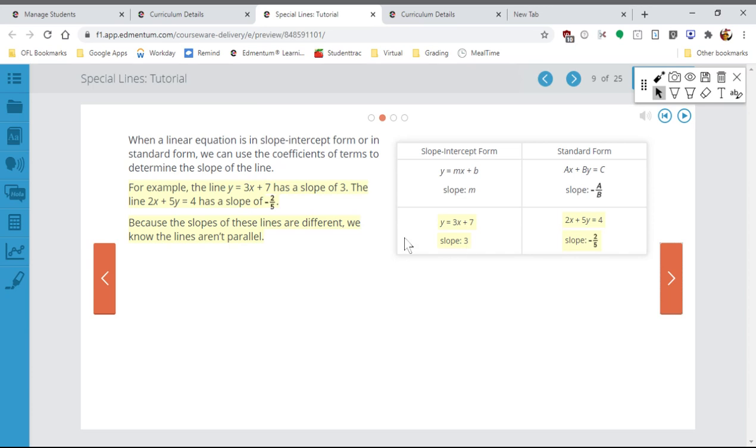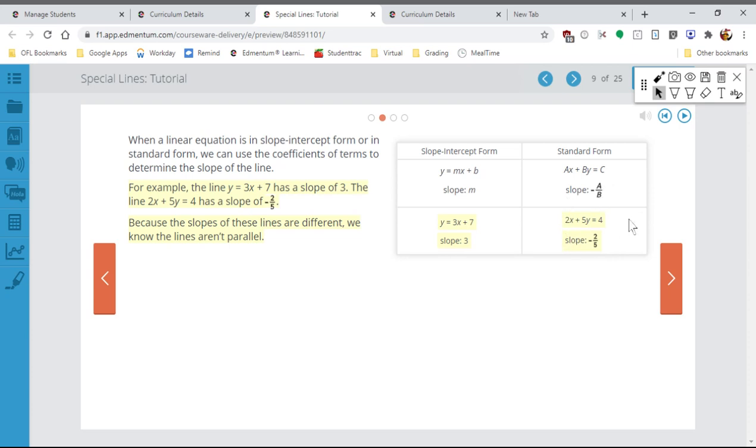And of course, they're going to show me right now. Oh, no. So here, that's all we're looking at. This one, they're showing you the slope. This is an interesting way to look at it. Negative 2 over 5. This becomes negative when we move it over, and then we divide it by 5.